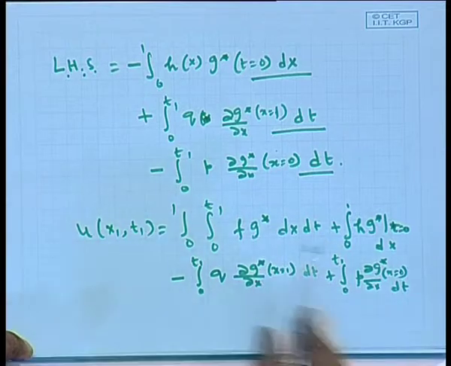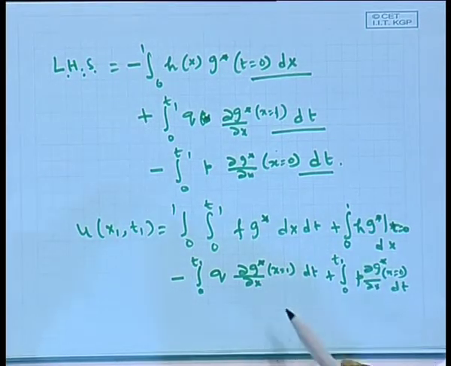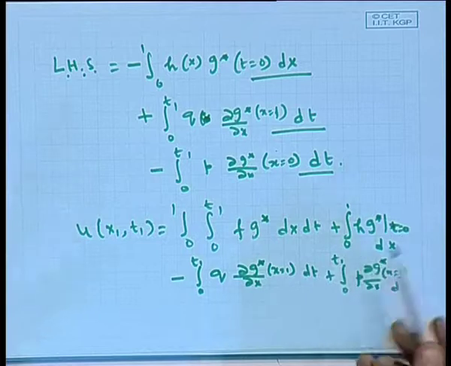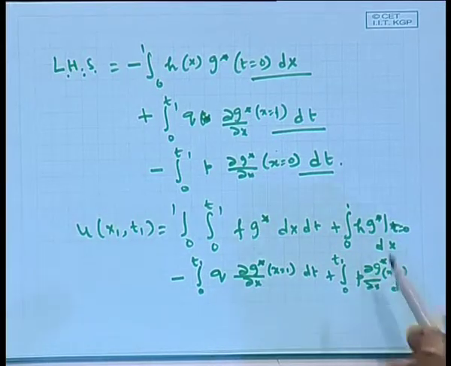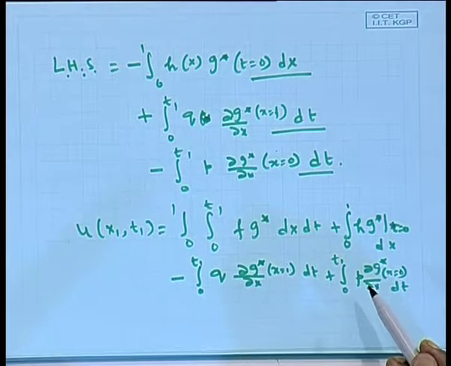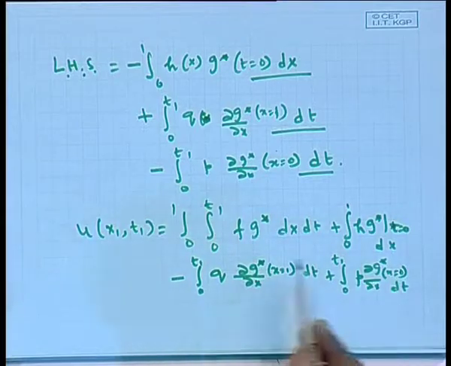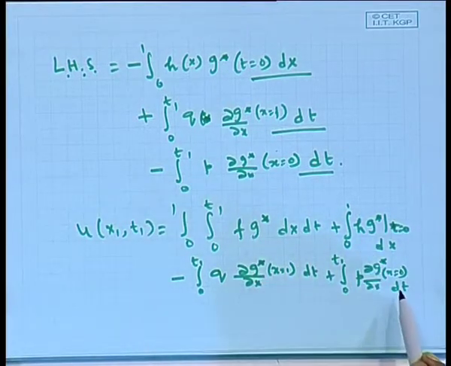Okay. And f, h, q are known. Let us say all these are constants, or f will be a known function of x and t. It may be 2x, it may be 2x square plus 3t, something like that. H, p, q are all known functions or constants, and the expression of g star is known to you.